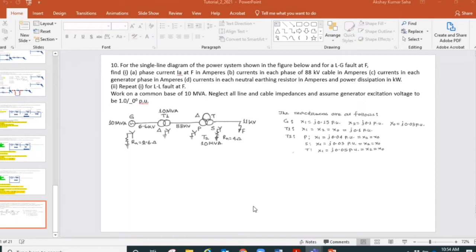So everyone must make note of that. When you're saying solidly grounded, it means the resistance, if it is there, is negligible, 0. When it's grounded through resistance, it's grounded through resistance. The word solidly will not be there. So that's correct. We're looking at the configuration.